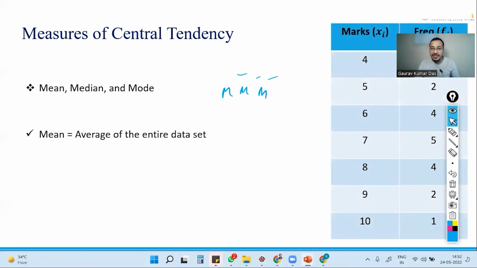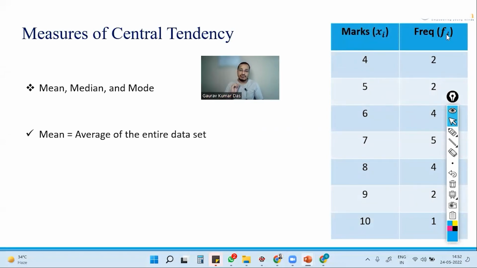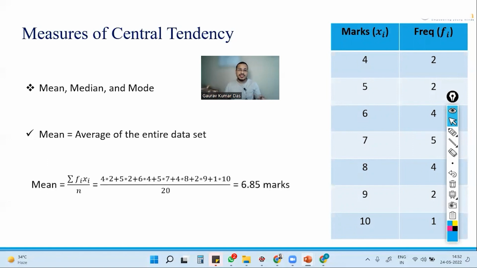Now let us here have a data set where we have the marks and the frequency as well. How do we calculate the average? The average is very simple. Whenever we have frequencies in a data set, my formula is something very simple. I multiply all the unique values of the data set by their corresponding frequency, and then I divide it by the total frequency, which is nothing but the number of data points in my data set.